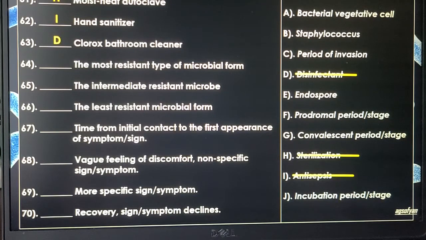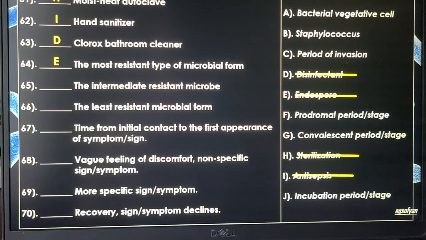64. The most resistant type of microbial form. Choose your answer. Yes, the endospore. E. So remember, endospore is the most difficult type of microbe to be controlled. So cross that answer. Number 65.